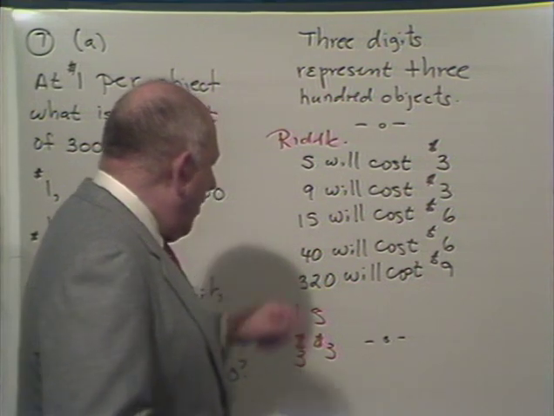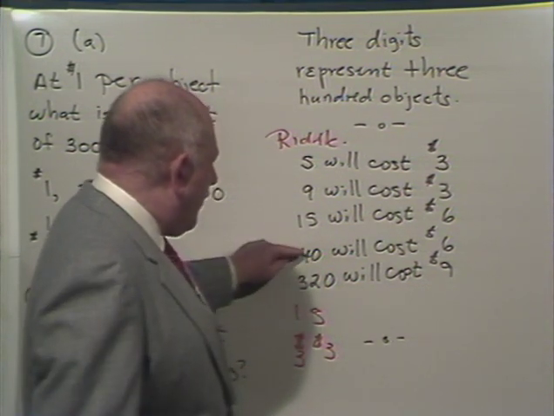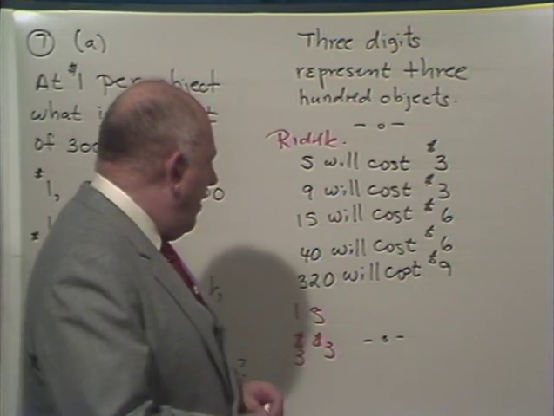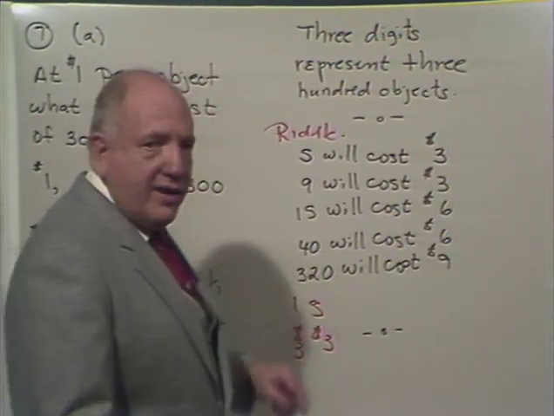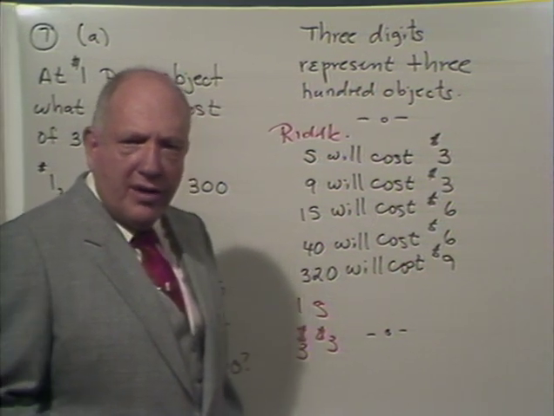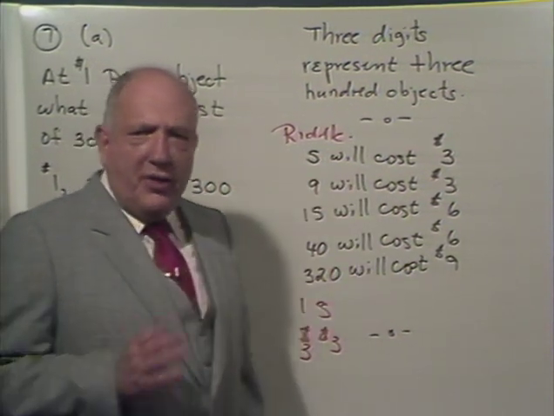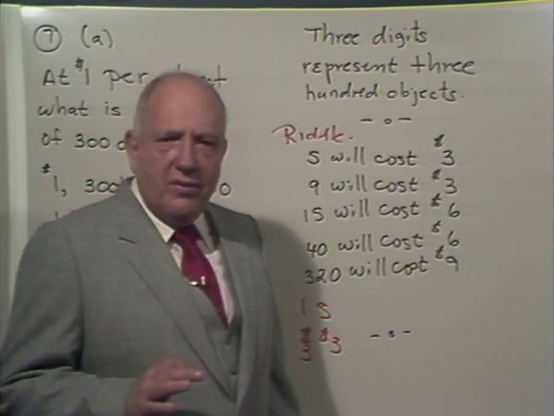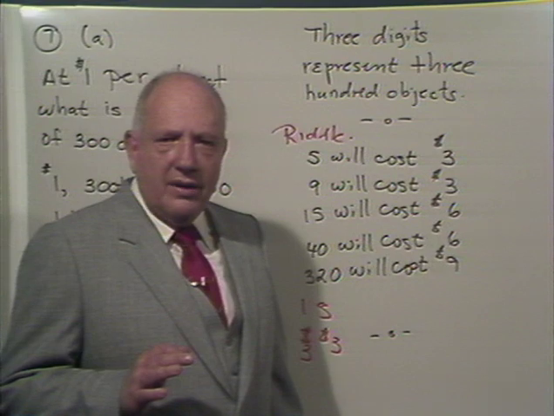So that would be $6. 40 is 2 digits. You'd pay 3 for the 4 and 3 for the 0. That would be $6. And 320 would be $9 because you have 3 digits and you'd be paying $3 each. It's a cute little riddle, but I think it does hammer home once and for all the difference between the numeral and the number. Okay?